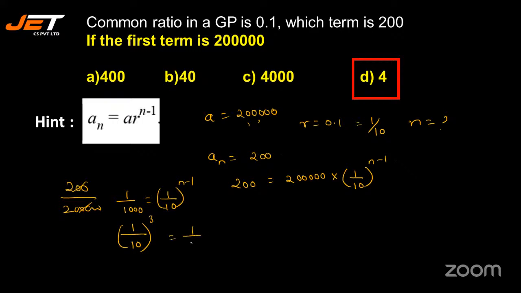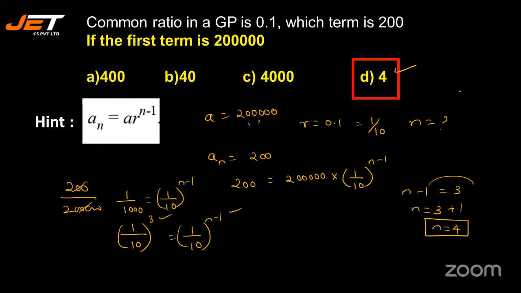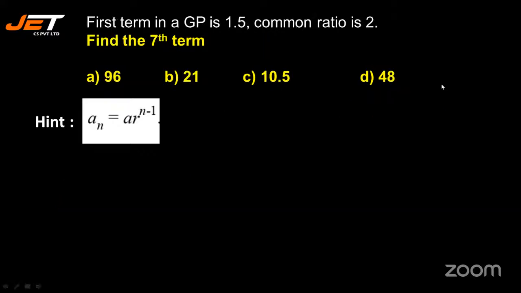Yes, is equal to 1 by 10 to the power n minus 1. Right? So you can always equate your power. N minus 1 is equal to 3. This minus 1 goes that side, it becomes 4. Therefore, your n is 4. All right. So this is how you find out the value of n. With this, we are moving on to the next sum.